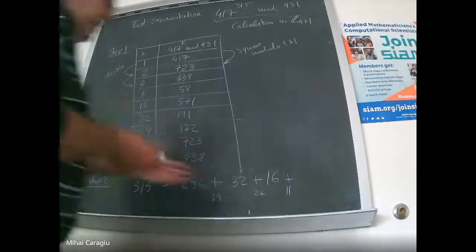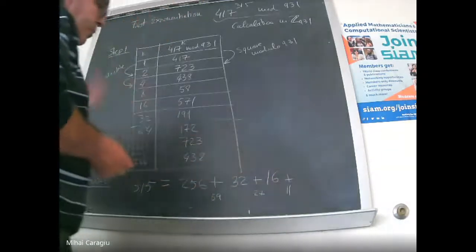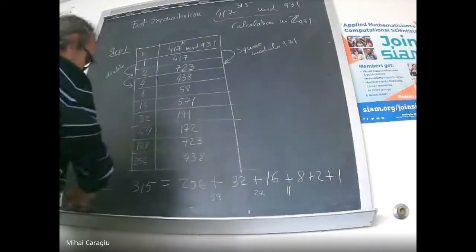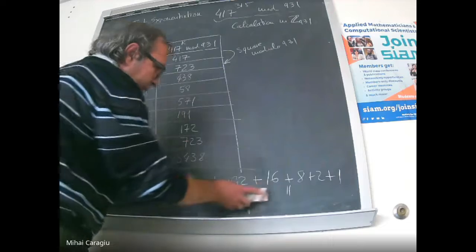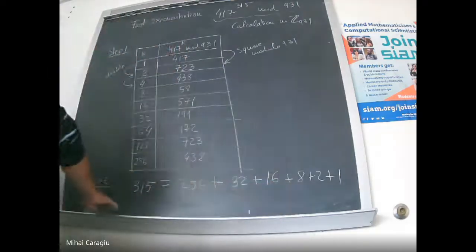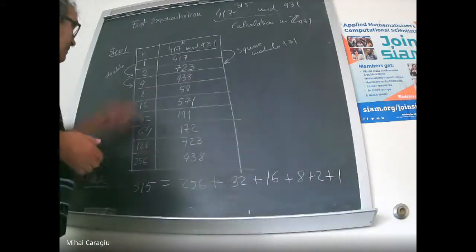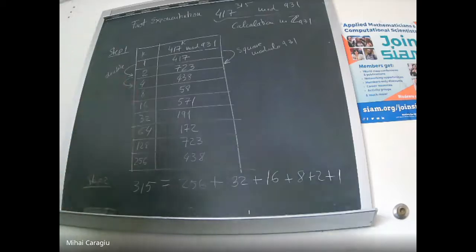And now the line is clear. 11 is 8 plus 2 plus 1. So this concludes step 2 of the algorithm, which is the same as writing 315 in base 2. We used this greedy algorithm to represent 315 as a sum of items in this column.